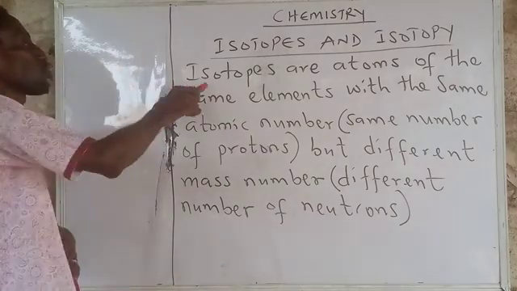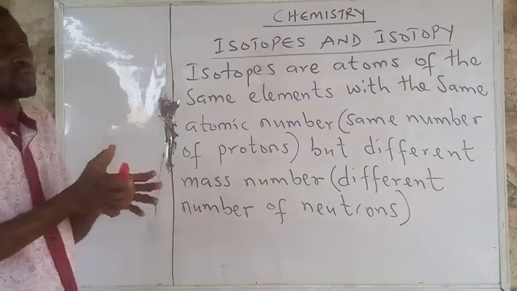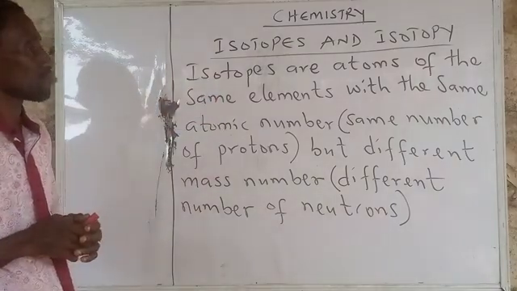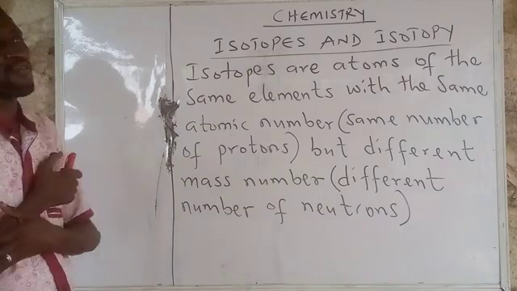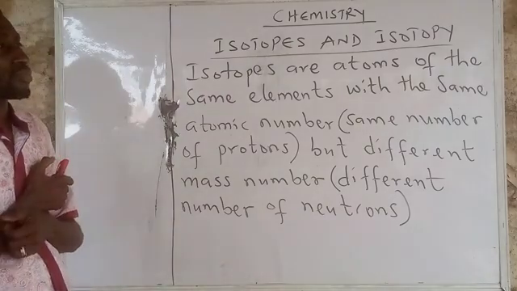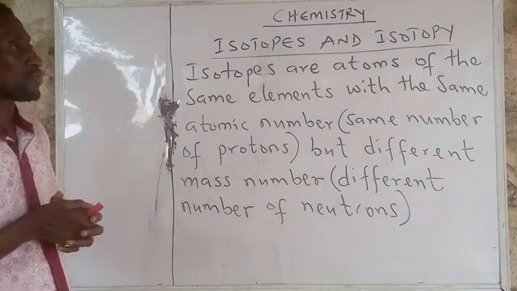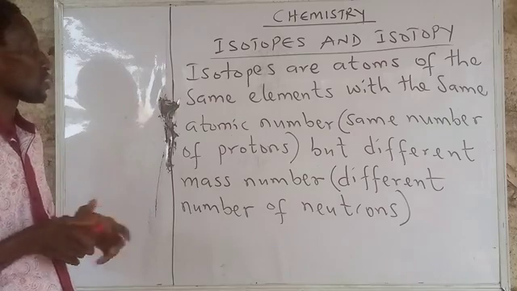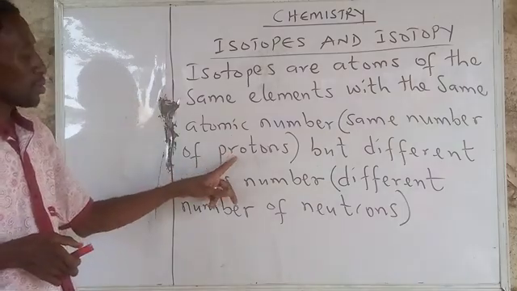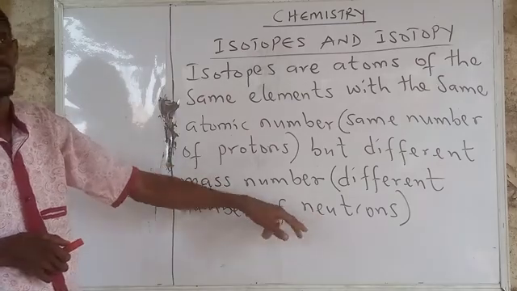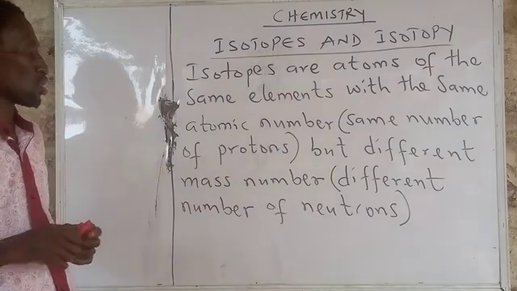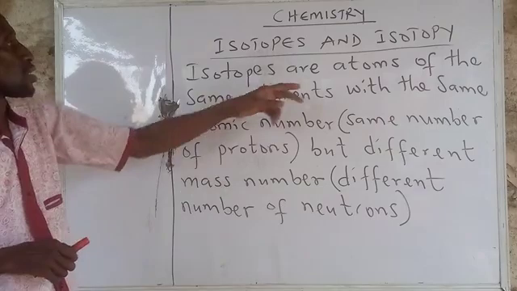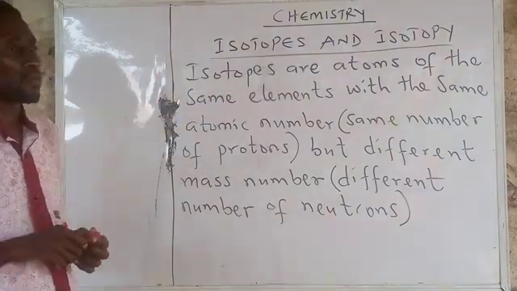So isotopes are atoms of the same element. For instance, atoms of the element oxygen could have the same number of protons but different neutrons. When such a situation occurs, it is regarded as isotopy.